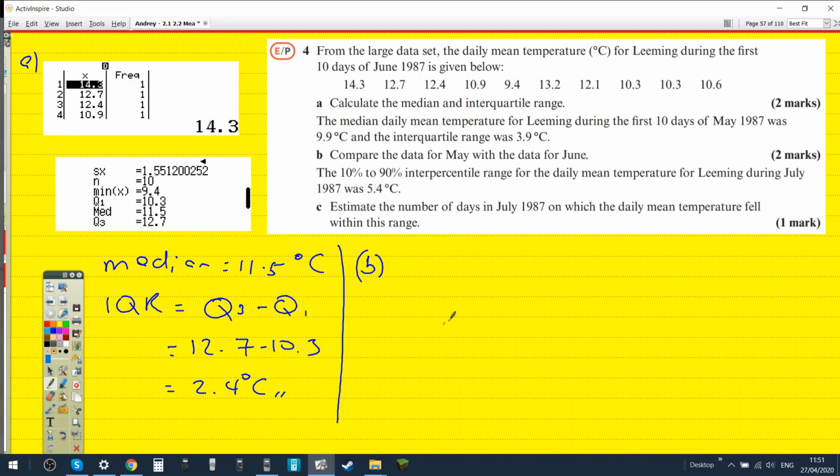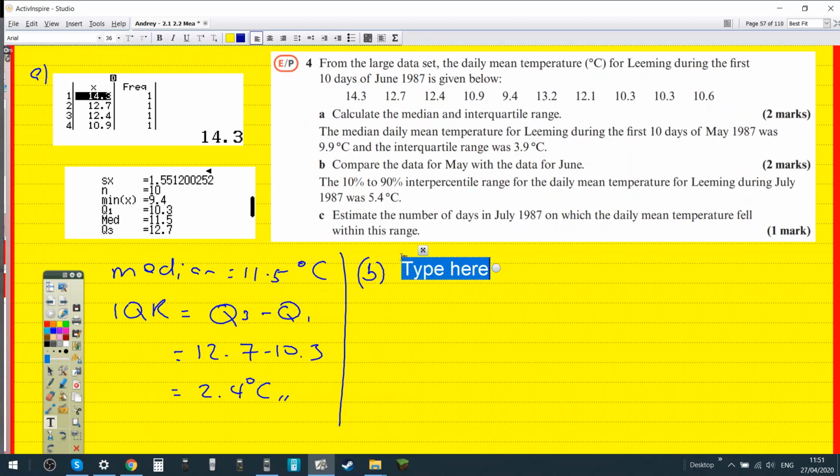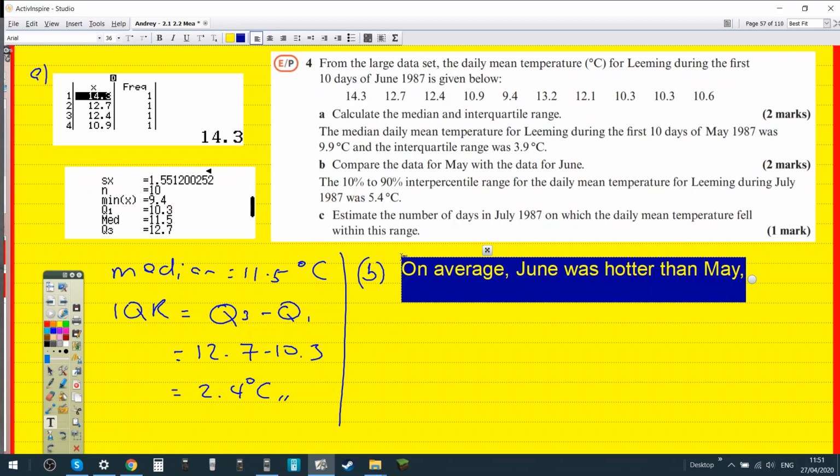Okay, so would you say something like, on average, June was hotter? No, the first 10 days of June were hotter than May. Would you then also say that May had more varied temperatures, whilst June was more consistent?